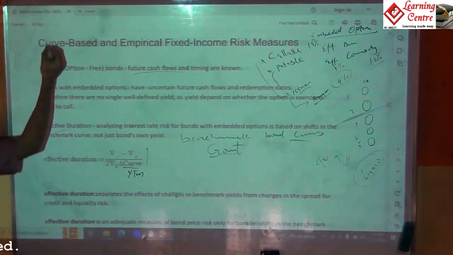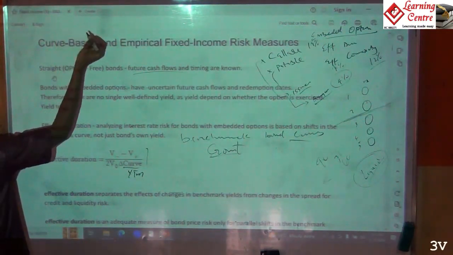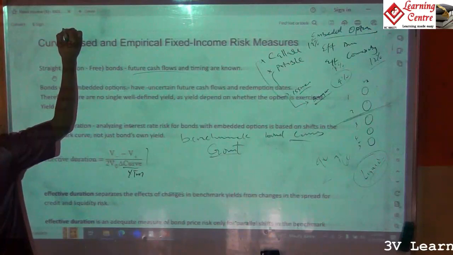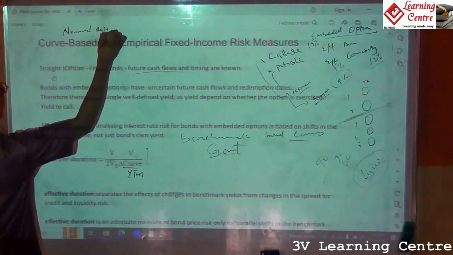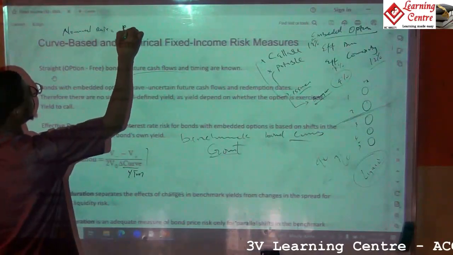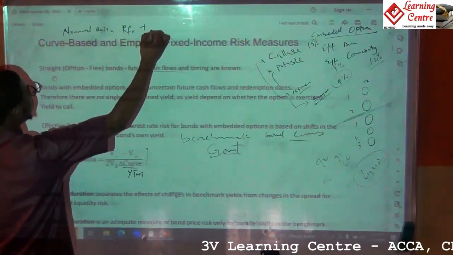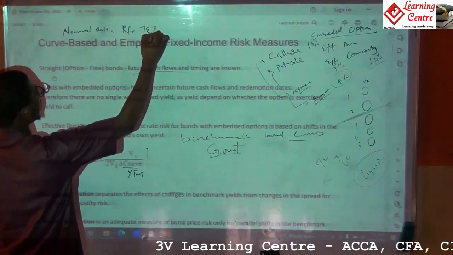Remember, when we talk about interest rate, the nominal rate, we say the nominal rate is our risk-free rate plus expected inflation.